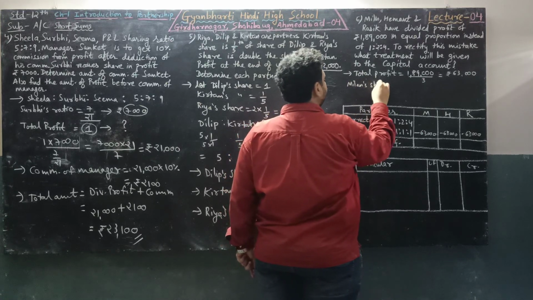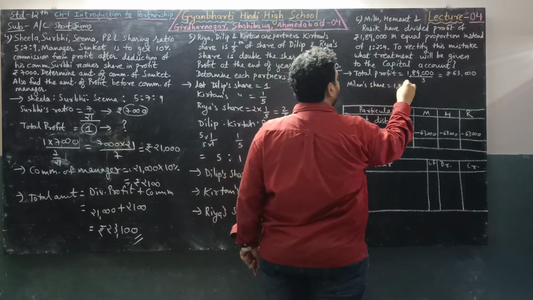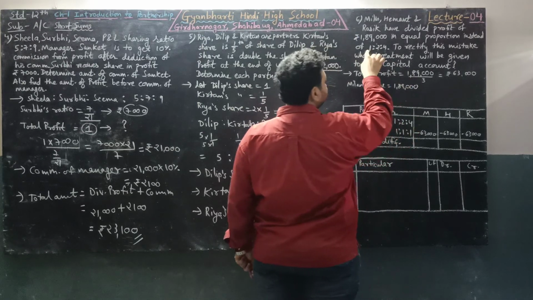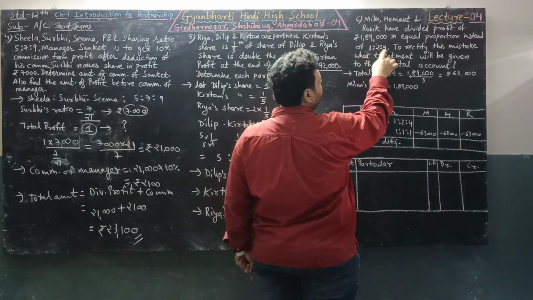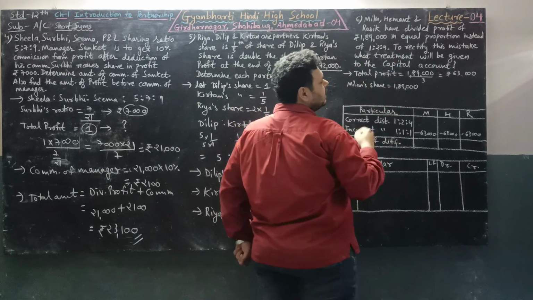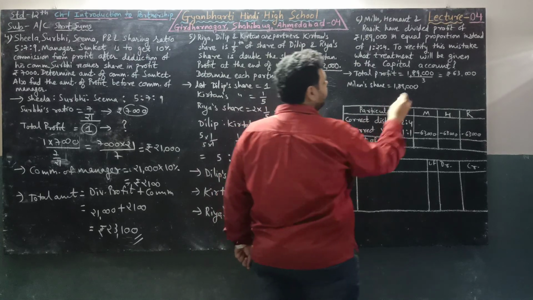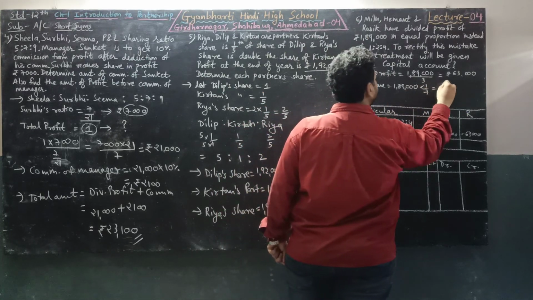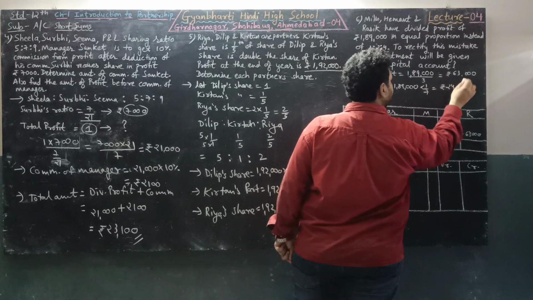So from it, Milan's share will be 1,89,000. Milan's part is 1 and total is 3, 3 and 4, 7. So divided by 7 into 1 by 7. So his part will be rupees 27,000.